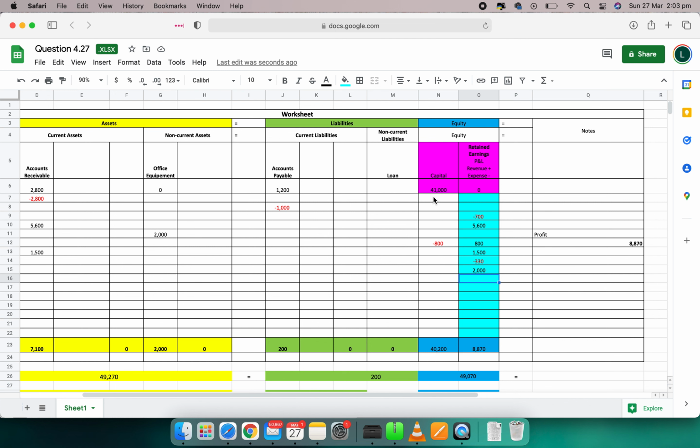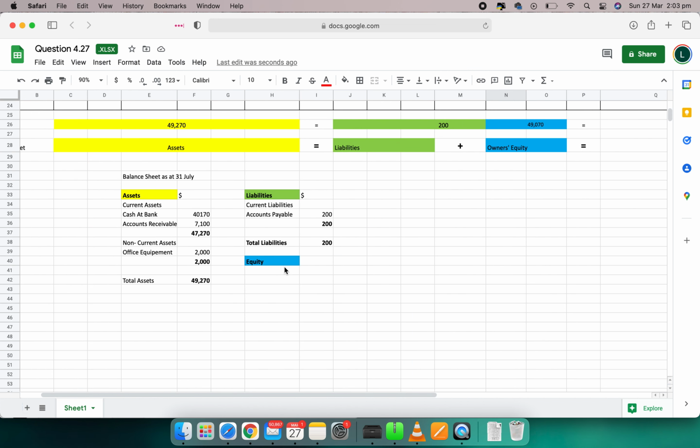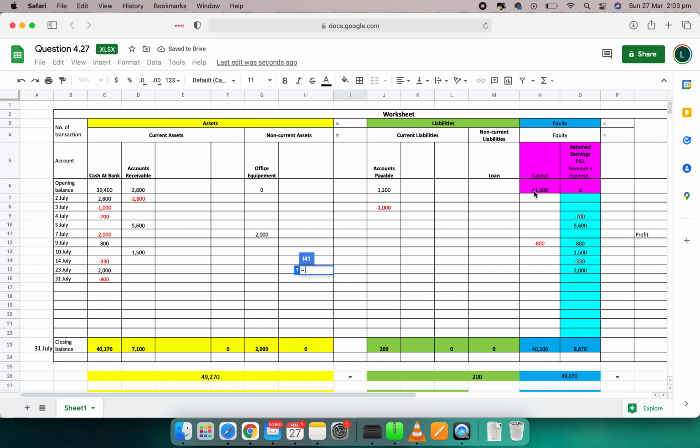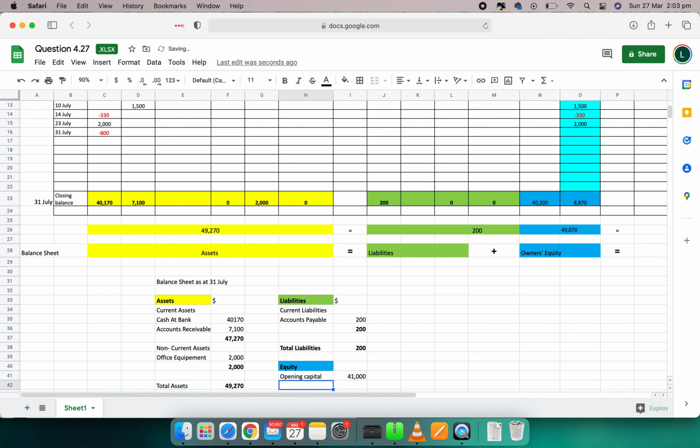Okay, and then from our capital side, we've got our capital of 41,000, and this is a director drawing. So the director's taking it out, so we want to show that reduction in balance. I know I've been waffling on, but let's first show our capital. So I'm going to write opening capital. Let's use my little cheat, equals 41,000.